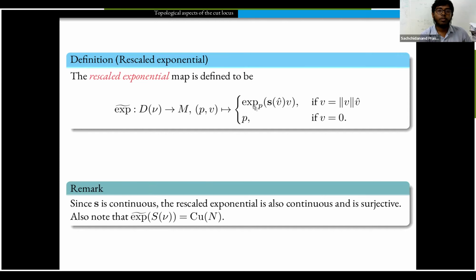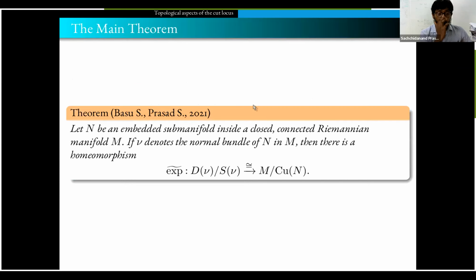Okay. So we prove that if N is an embedded submanifold inside a closed connected Riemannian manifold M, and if nu denotes the normal bundle of N, then there is a homeomorphism from the Thom space of the normal bundle to M mod the cut locus.